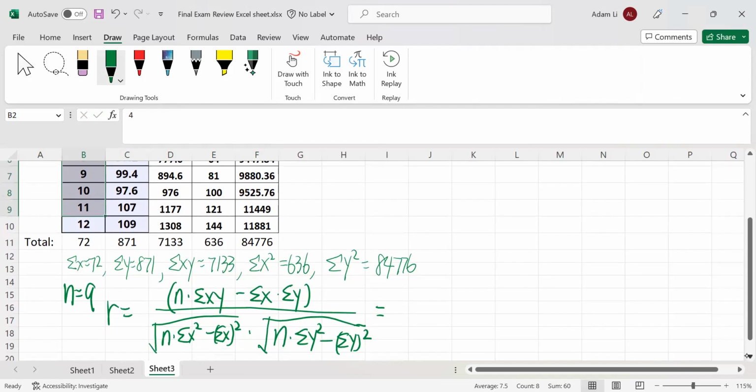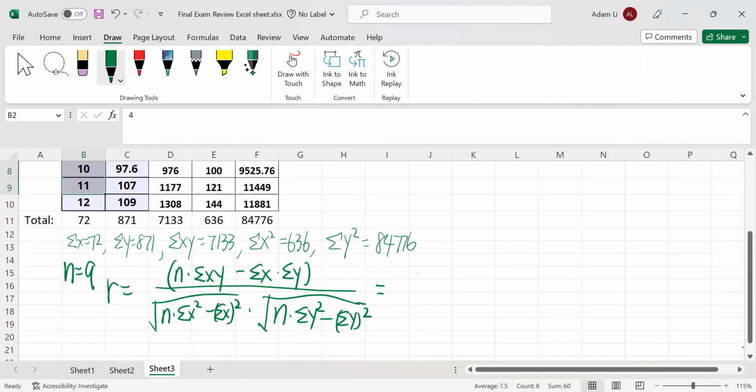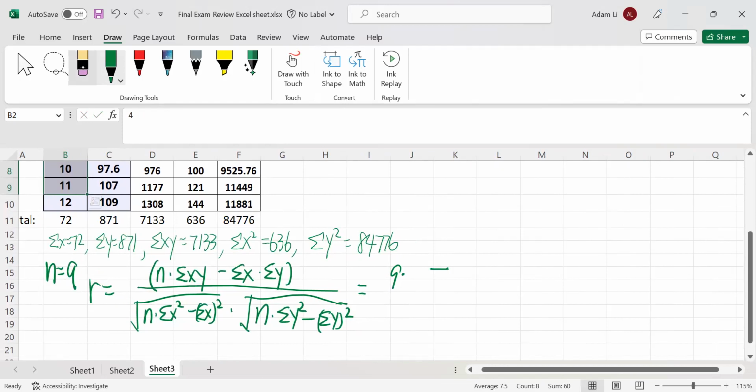Now all the numbers go into the formula. So 9 times total xy 7133, minus total x 72 times total y 871. That's on the top. On the bottom, usually we will put in big parentheses.